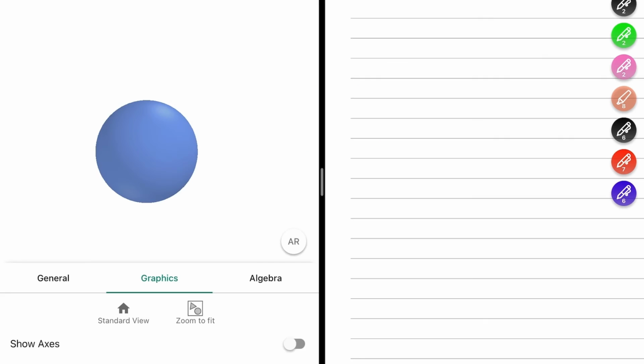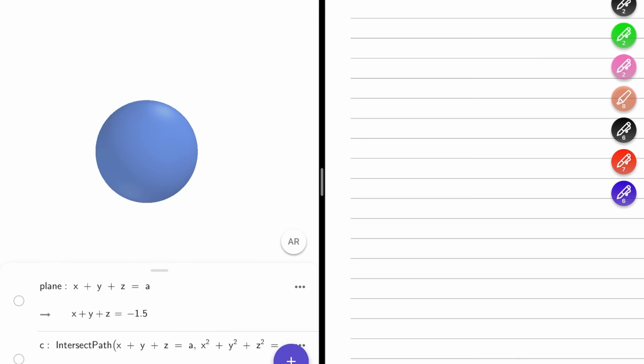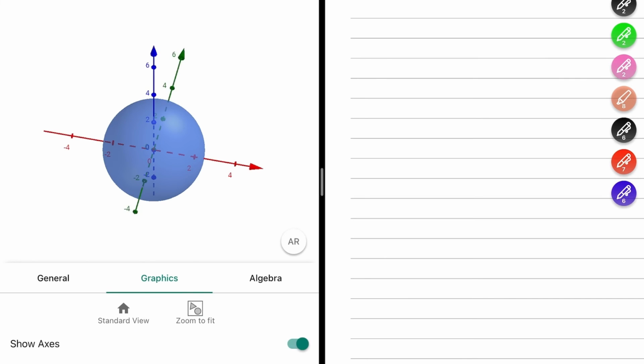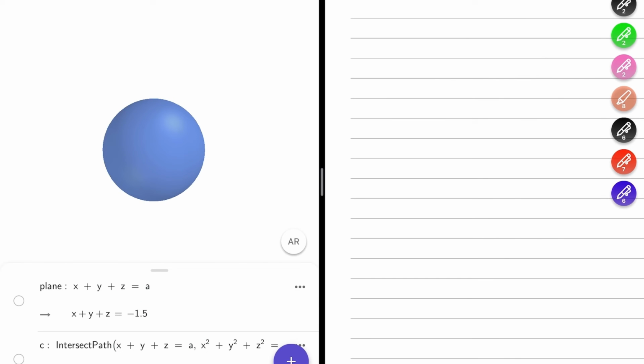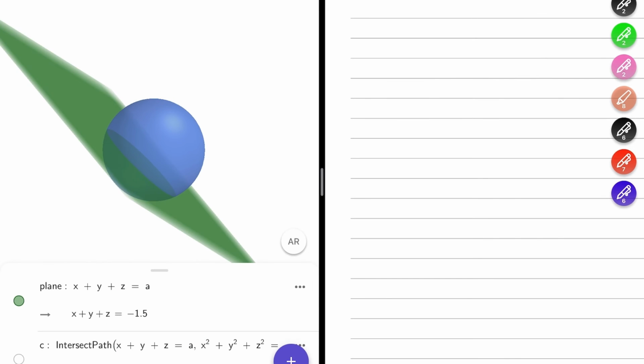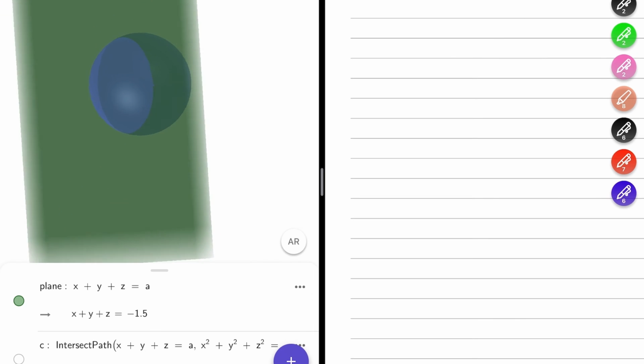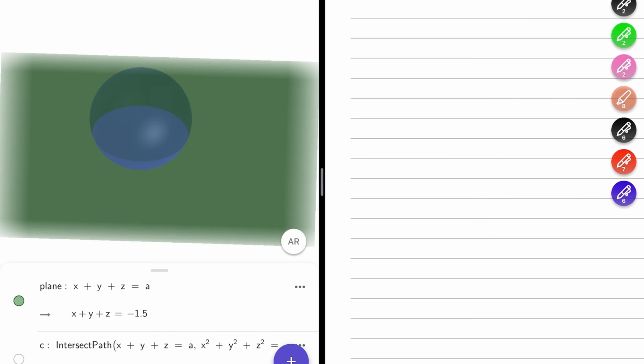So this is a sphere. We can observe that this is a sphere, this is the axis. Now if we cut with the plane, this is a cutting plane, a plane which is cutting the sphere.